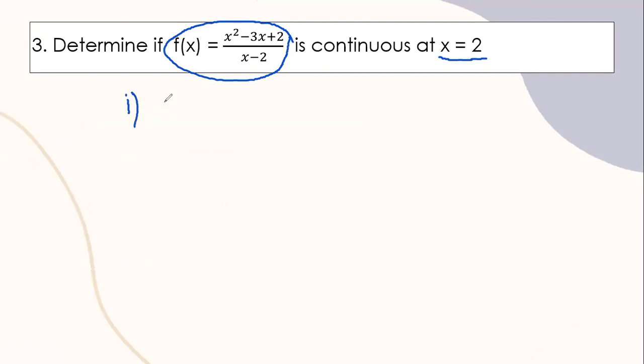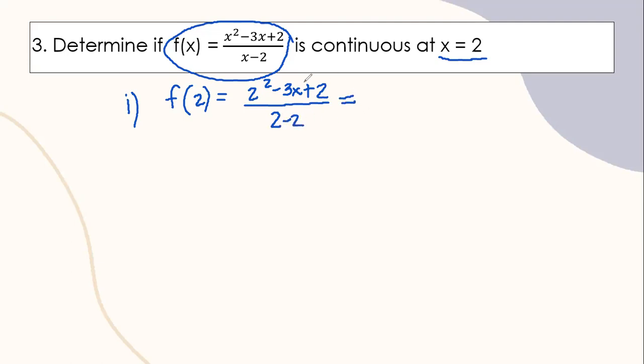Okay, tingnan natin. So for our first condition, anong gagawin? So we will be simply substituting 2 sa ating x's. So we have f of 2, okay? So 2 squared minus 3x plus 2 over 2 minus 2. Okay?